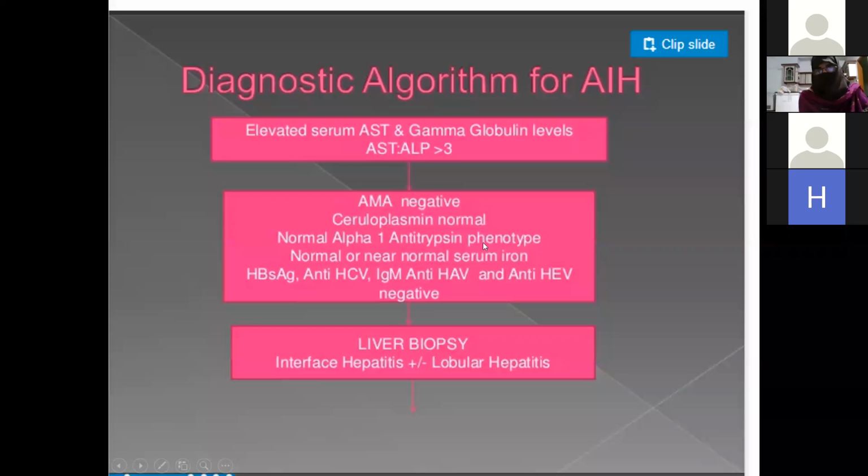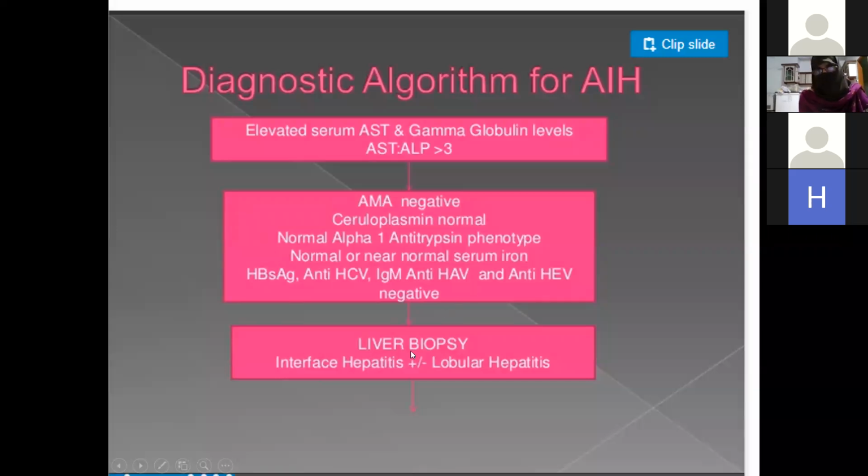Normal or near normal iron to exclude hemochromatosis, which is another metabolic disorder. Alpha-1 antitrypsin, and anti-mitochondrial antibody is negative, which is positive in primary biliary cirrhosis, and certain plasmin levels are normal. Basically, all these tests are done to exclude other causes of hepatitis.